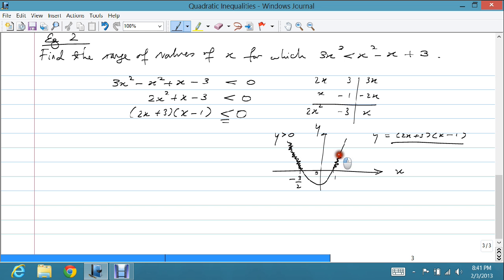Similarly, when x is bigger than 1, y is also bigger than 0. But if x is between negative 3 over 2 and 1, the curve is below the x-axis, which tells us that y is less than 0. Hence, the solution for this inequality is x is between negative 3 over 2 and 1. So this is, in a nutshell, how you solve quadratic inequalities.